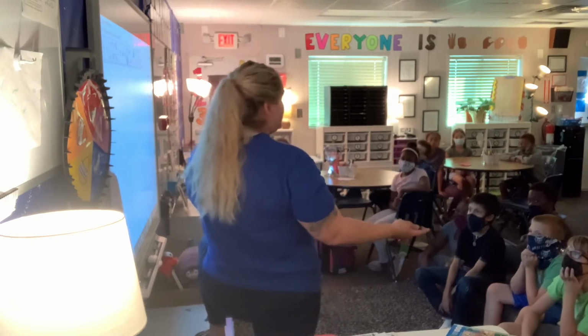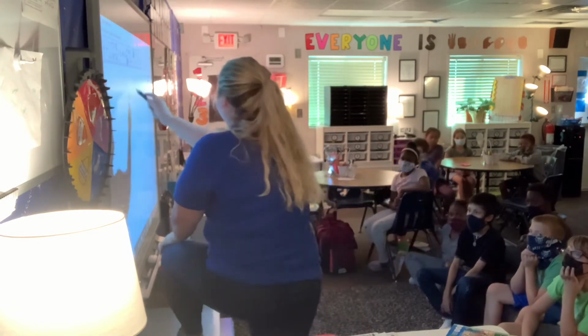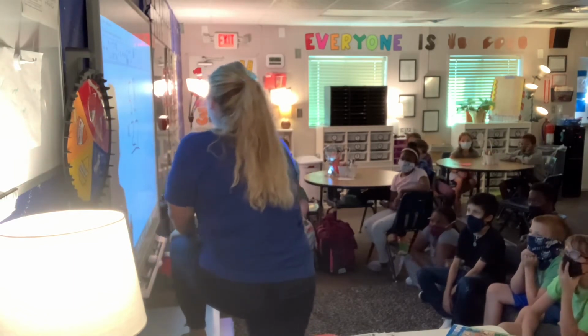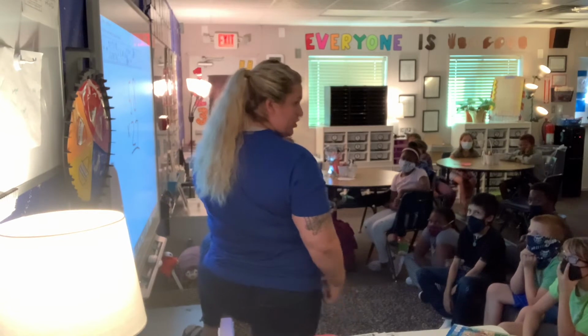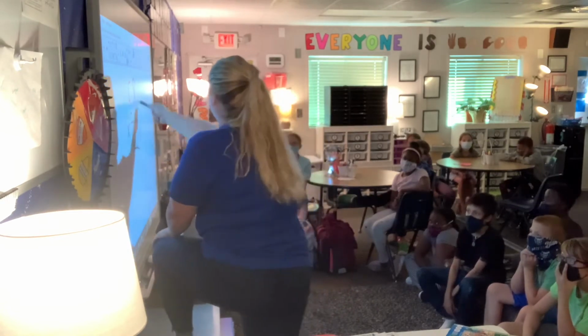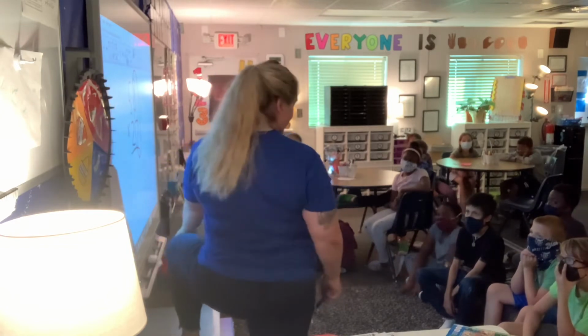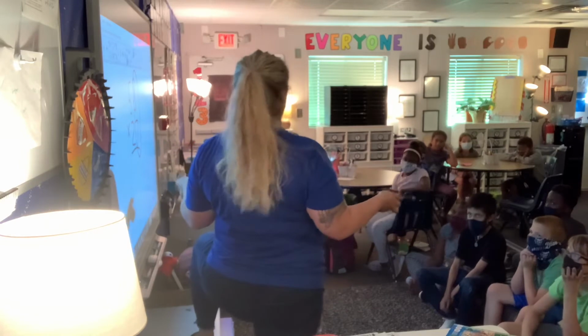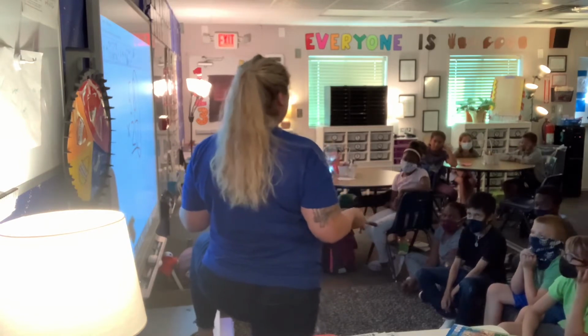So I noticed yesterday when we were trying to solve 58 times 27 that a lot of us got it incorrect because we did not know our basic multiplication facts of 8 times 7. So if I don't know what 8 times 7 is, can I solve that?